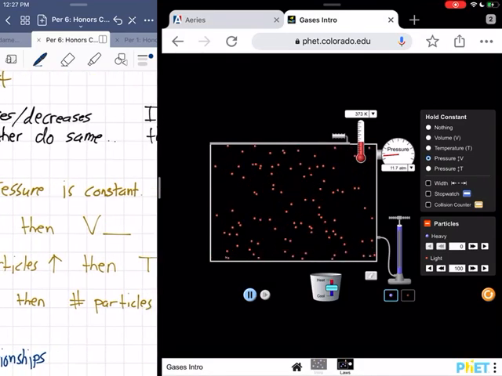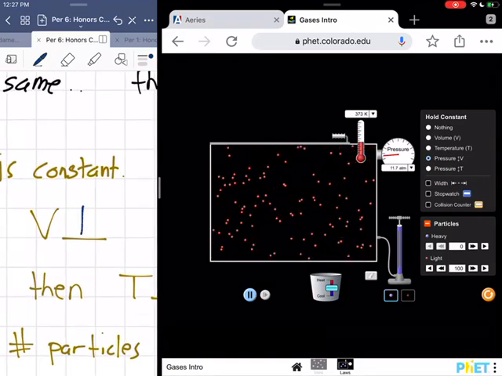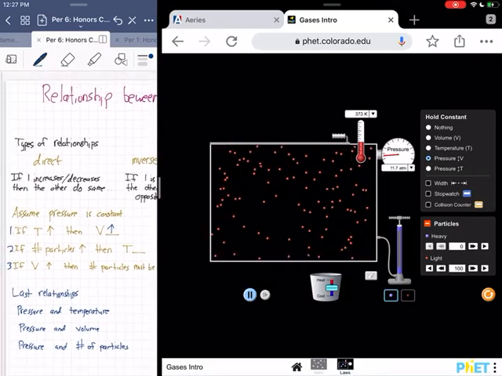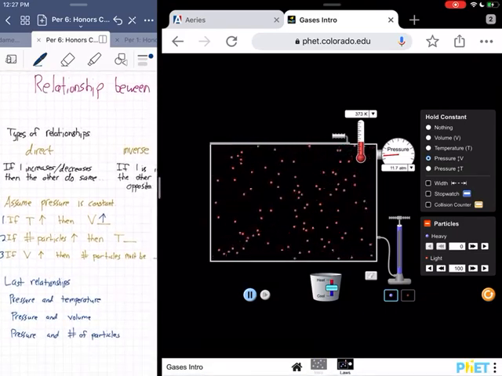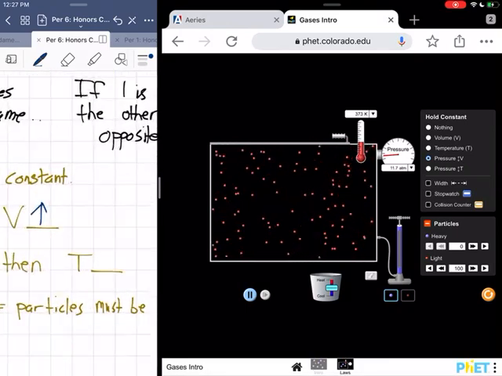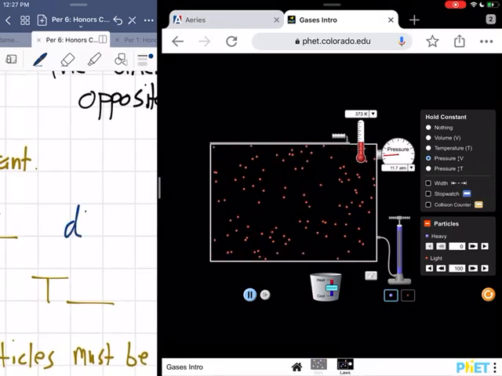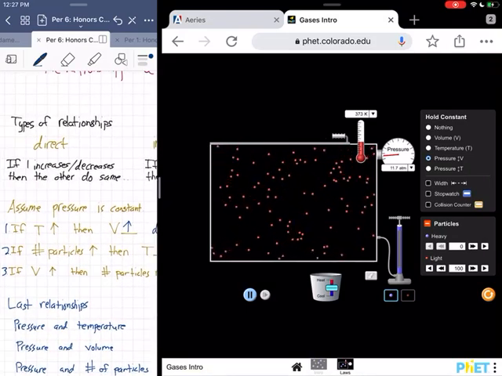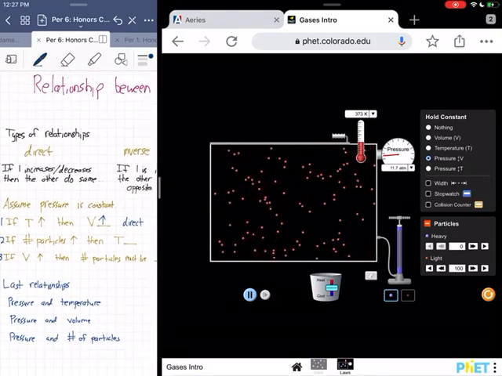You saw that it was getting larger there. Volume will increase as well. They did the exact same thing there. So which type of relationship is that? If you said direct, you were correct. They did the exact same thing. One increased and the second increased as well. So it must be direct.